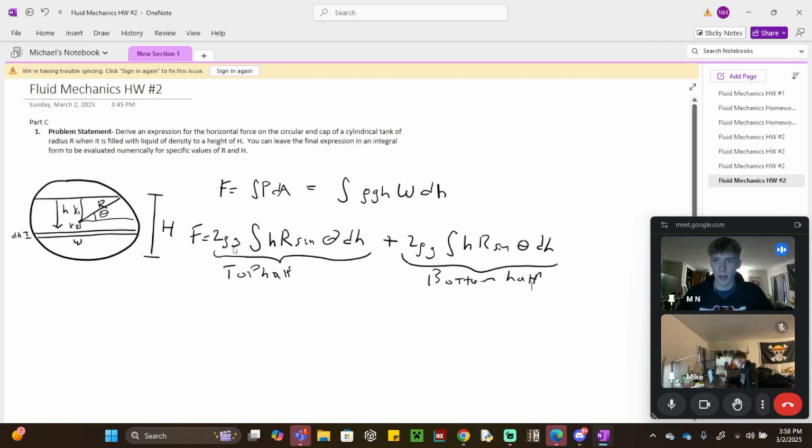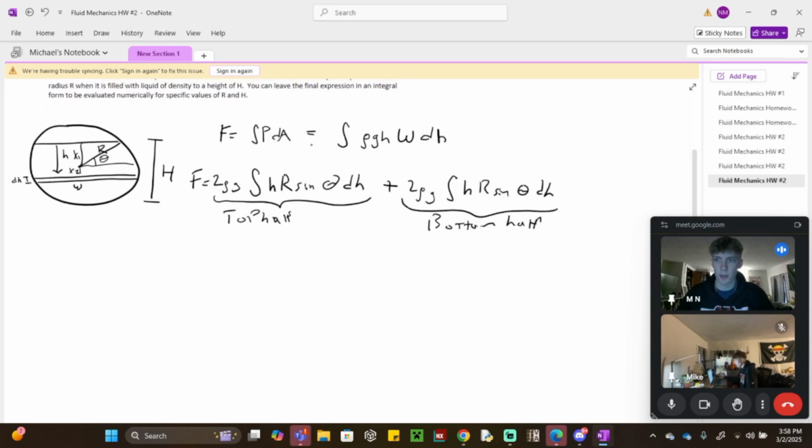So I guess now we should figure out what our x1 and x2 actually equal. So x1 in this case is going to be equal to, let's see, big H minus h minus big R. And x2 is going to be equal to R minus big H minus h. So how do these x's relate to our theta?